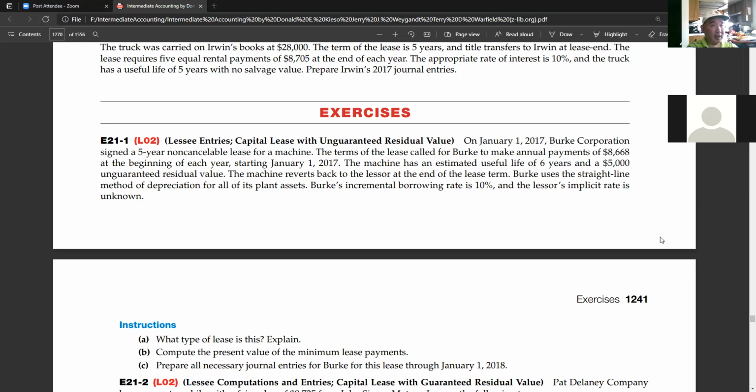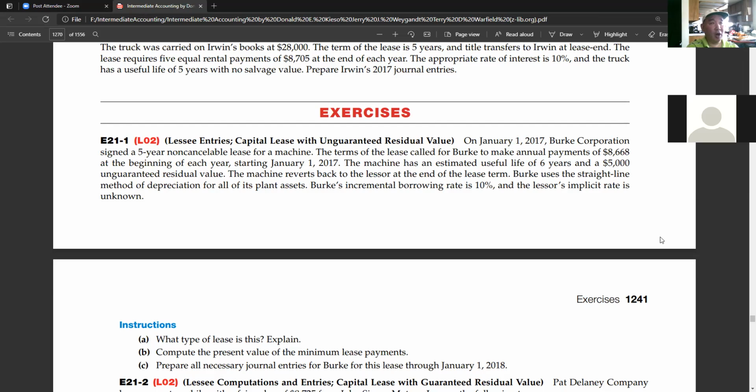The machine has an estimated useful life of 6 years and a $5,000 unguaranteed residual value. The machine reverts back to the lessor at the beginning of the lease term. Burke uses straight line depreciation. The borrowing rate is 10% and the lessor's implicit rate is unknown.